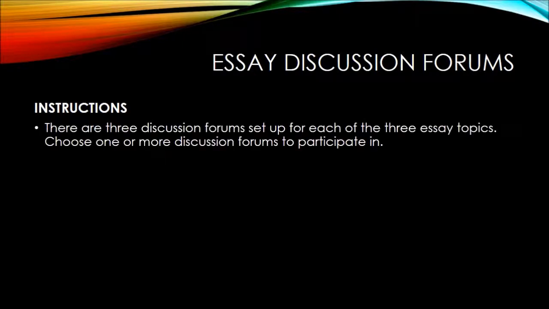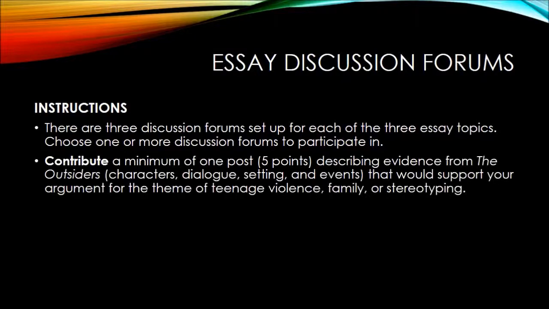Here are the instructions for your essay discussion forum found on Moodle. There are 3 discussion forums set up for each of the 3 essay topics: teenage violence, family, and stereotyping. Choose 1 or more discussion forums to participate in. Contribute a minimum of 1 post, that is 5 points, describing evidence from The Outsiders.